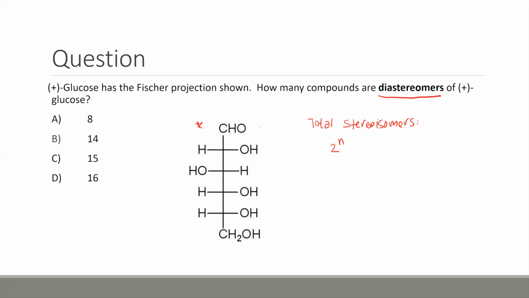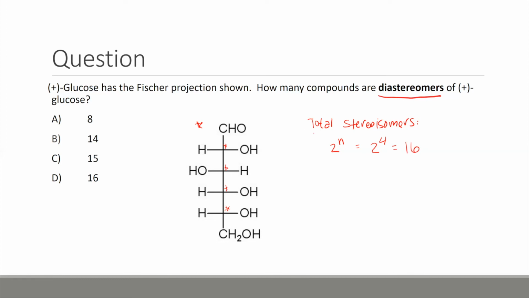So how many chiral centers does this molecule have? Well, if you go through, remember we want to look where it has any area where there are 4 different things attached to it. So this is a chiral center, this is a chiral center, this is a chiral center, and this is a chiral center. So there's 4 chiral centers. So this will be 2 to the 4, which equals 16.